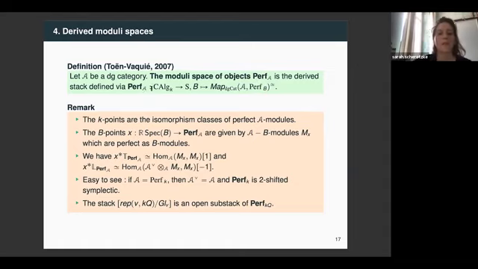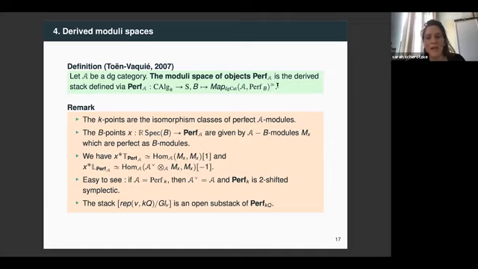As we said in chapter 2, a derived stack is a functor from commutative differential graded algebras to spaces. And I just map a commutative differential graded algebra B to the maps in the category of DG categories from A, which is a DG category, to the DG category, here unbolded, of perfect B-modules.